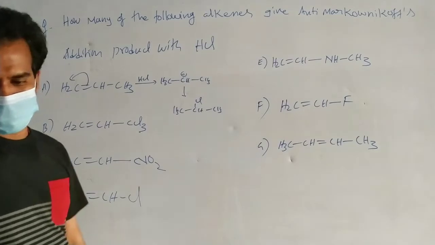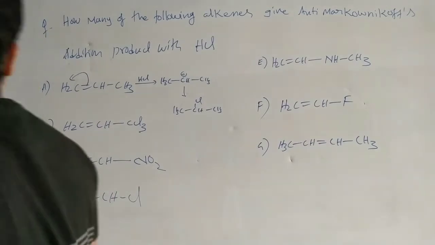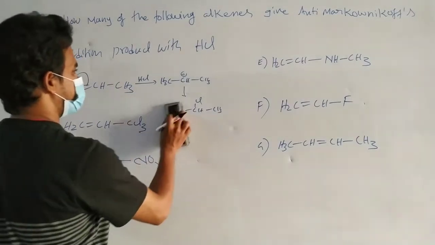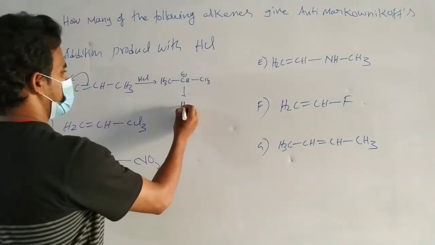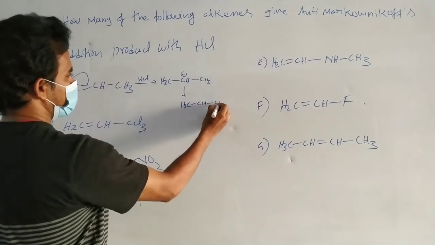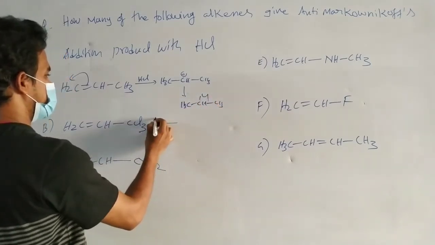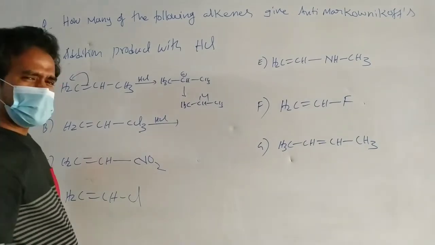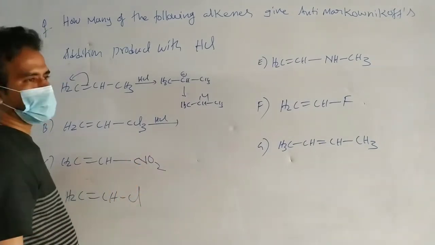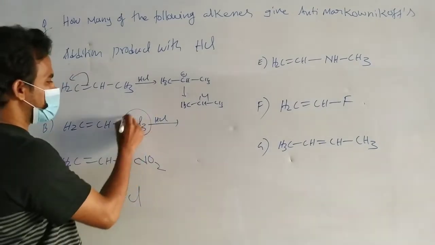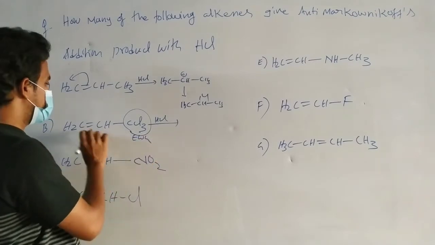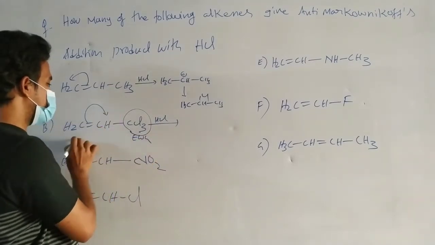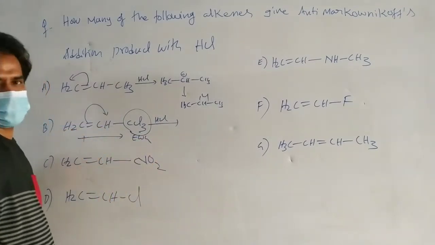Now coming to this one. Here, first protonation takes place. In this case, CCl3 is an electron withdrawing group, so the flow of electrons is towards the electron withdrawing group.